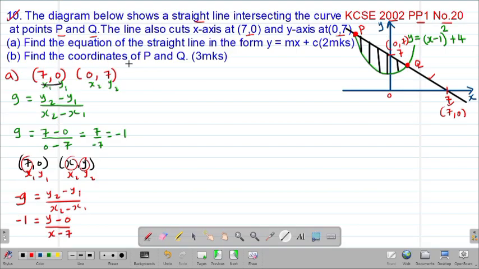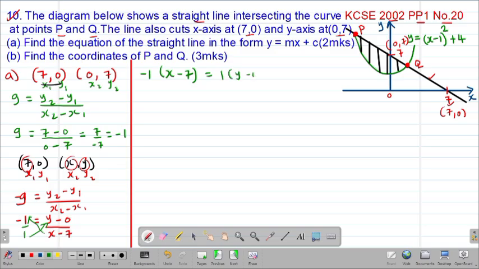So the equation of my straight line will be given by the following. I'll do cross multiplication: negative 1 into (x minus 7) equals 1 into (y minus 0).